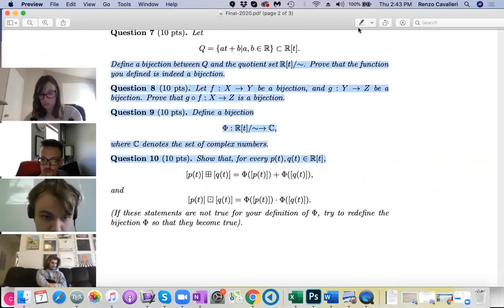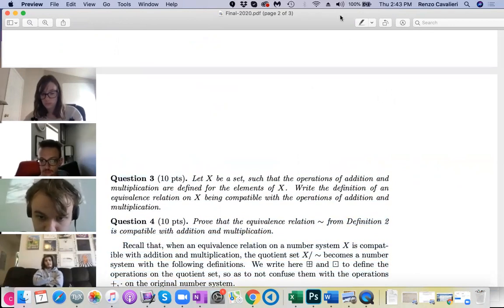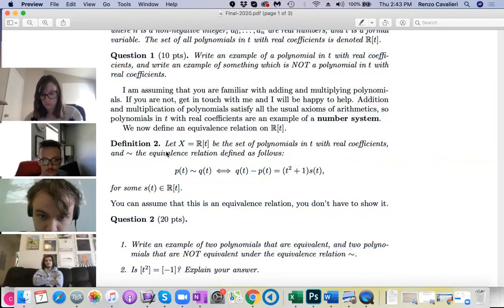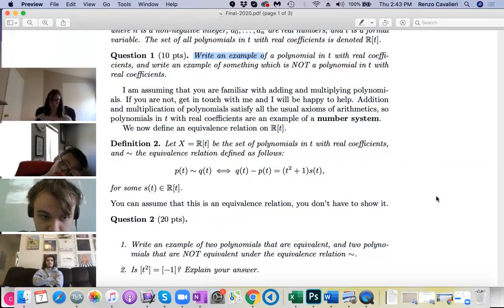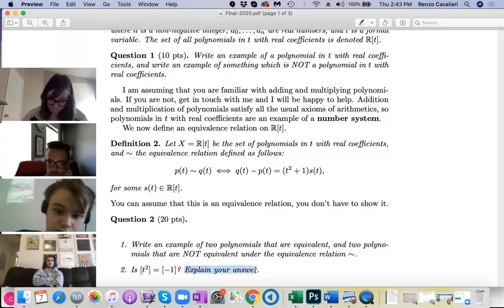If I'm asking you to prove something, then I'm asking for a proof, right? So just be careful at reading exactly what the question is asking. Here it's really writing just an example in question 1. In question 2, write an example. In the second part of question 2, I'm asking you to explain your answer, right?